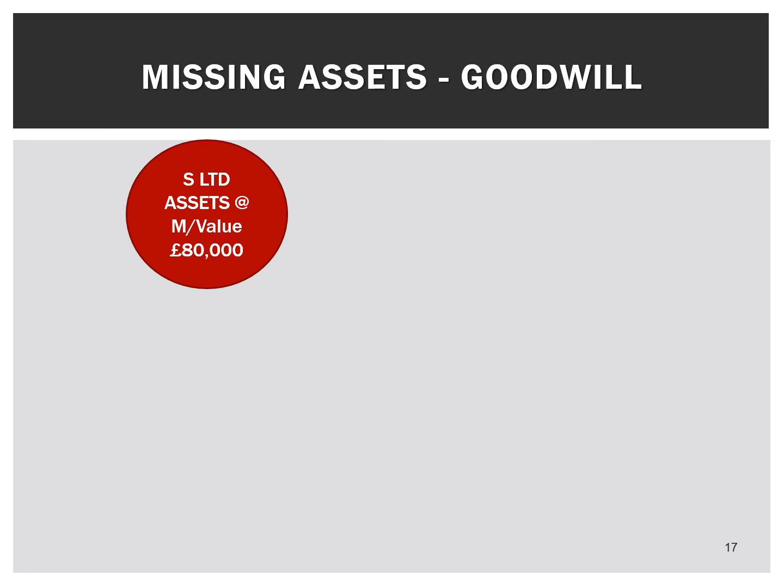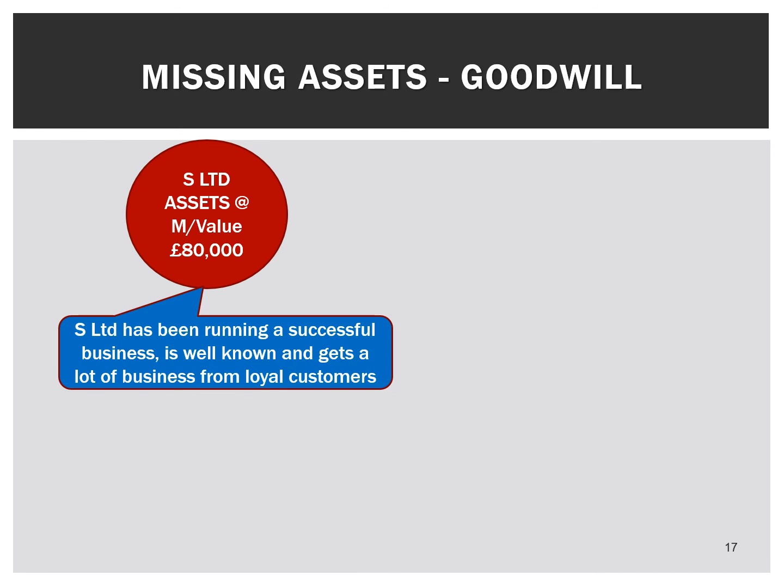Now, the last and most important reason why the figures in the subsidiary and the investment figure don't agree is because payment has been made for goodwill. Here we have S Limited, whose assets shown in the statement of financial position have a market value of £80,000 net assets. However, S Limited has been running the business for a long time.